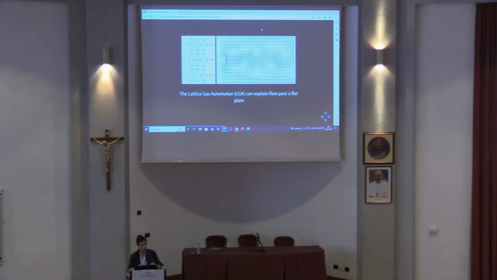You can run this model, it's got a discrete time structure, so you can just update in discrete steps the behavior of this model. The claim that Batterman and Rice make is that we can use this lattice gas automaton to explain actual worldly behavior of fluids. For example, to explain the particular profile of a fluid as it moves across a plate. You see the plate on the left of this image.